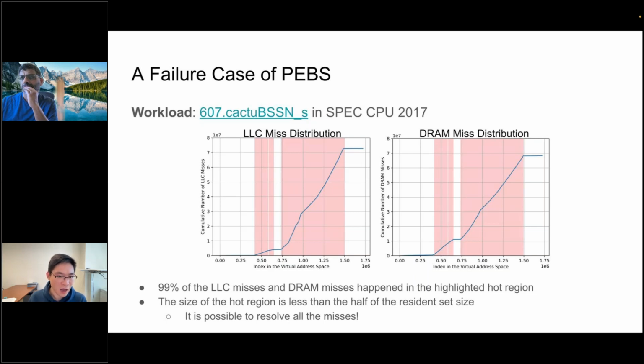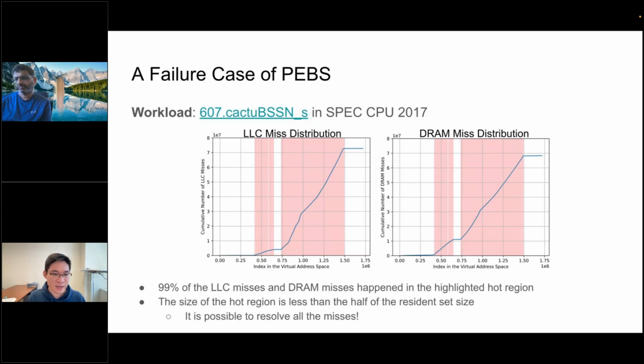The size of the hot region is actually less than half of the resident set size. Recall that in our experiment, the DRAM to PMEM ratio is 1:2, which means that roughly 50% of the data can fit into DRAM. Because the hot region is less than half of the resident set size, it can actually fit into the DRAM.